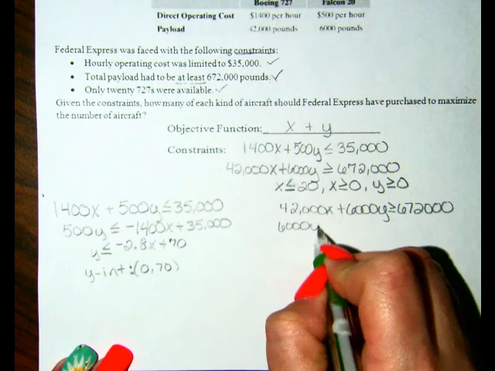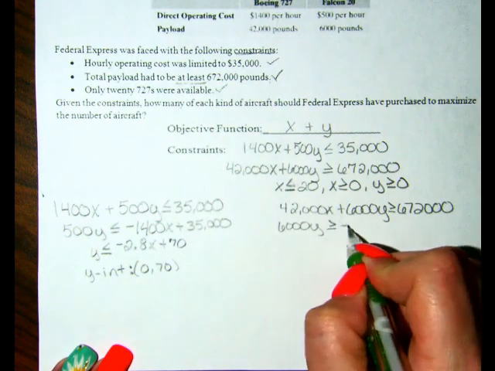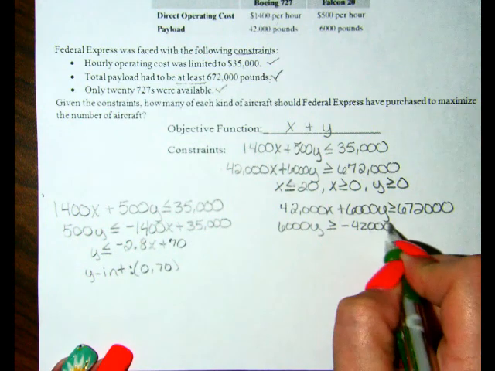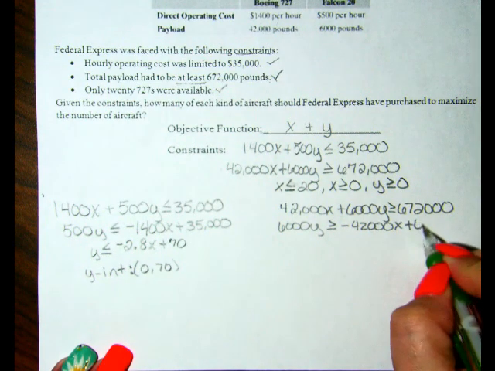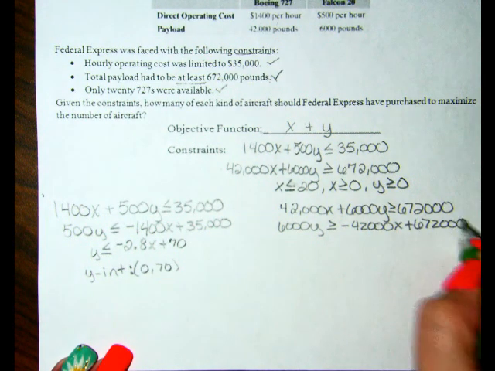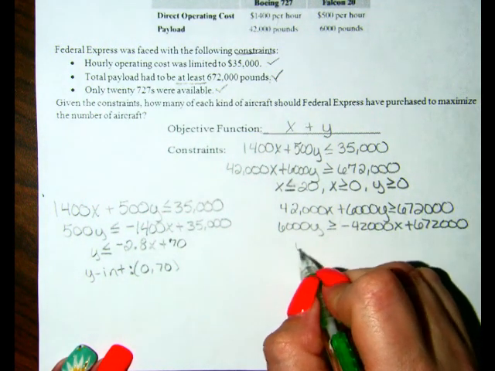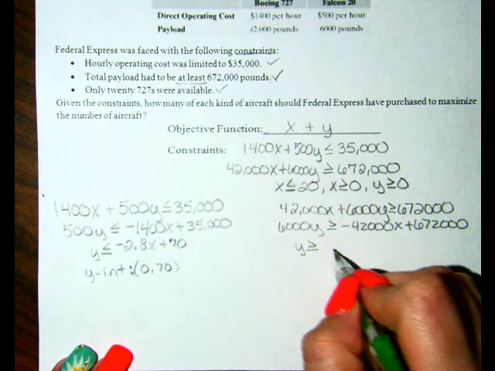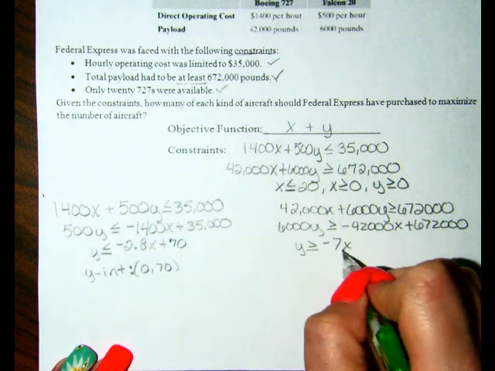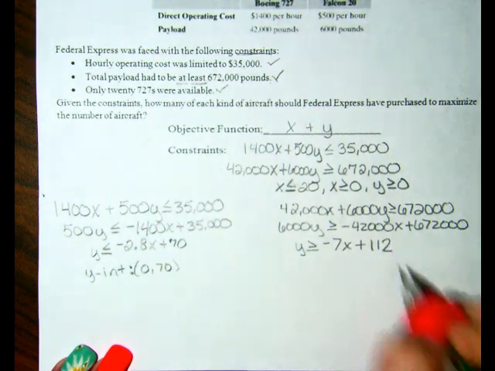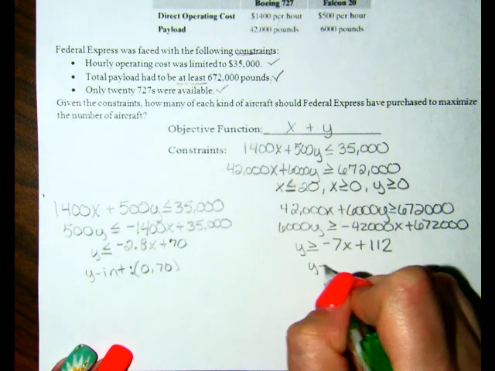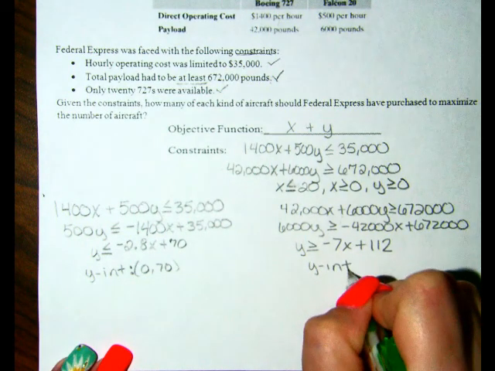So 6,000y greater than or equal to negative 42,000x plus 672,000. Divide everything by the 6,000. You're going to come out with y is greater than or equal to negative 7x plus 112, which tells me my y-intercept for this particular function is 0, 112.